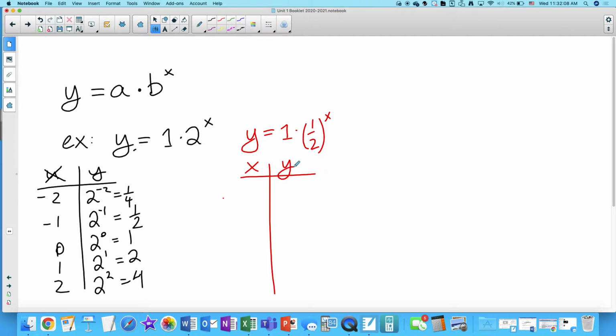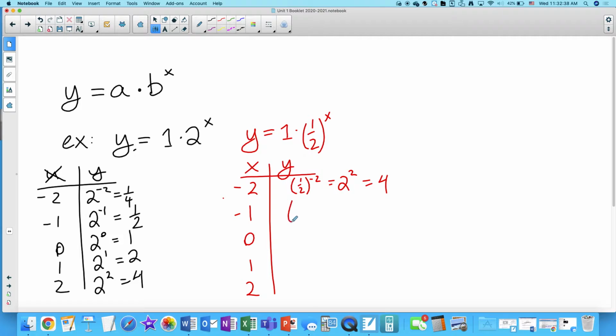Let's take the same x values, -2, -1, 0, 1, and 2. Here, 1 times a half to the x is just a half to the x. So this is going to be a half to the -2, and that is equal to 2 squared, because you can flip this and make it positive, and that is 4.